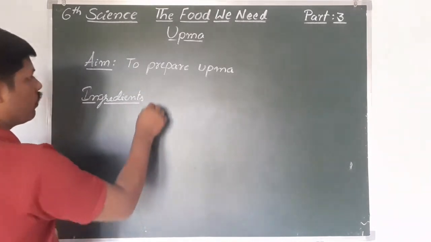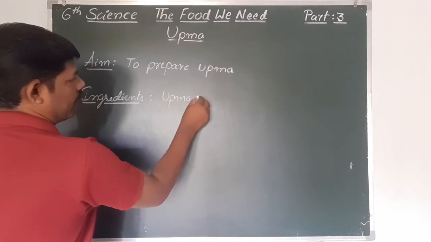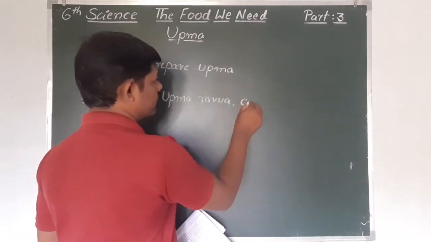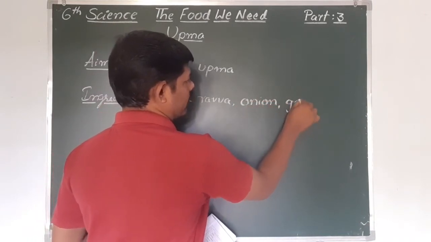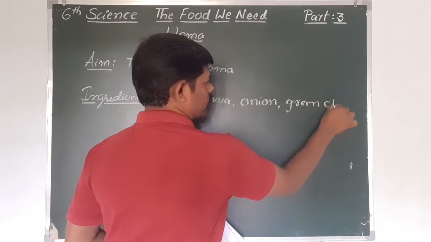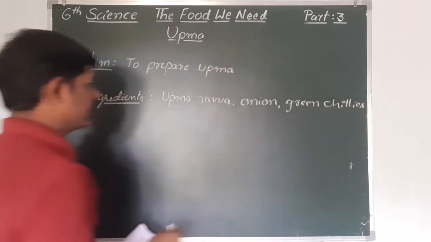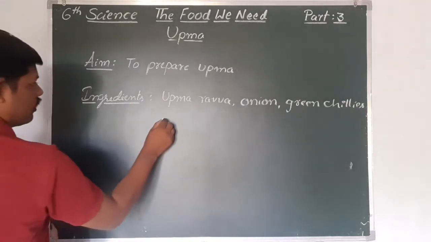First one, upma ravva. Onion, green chilies, next oil. We need oil also, no?